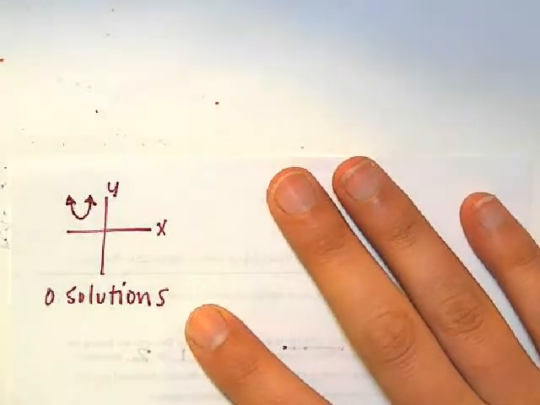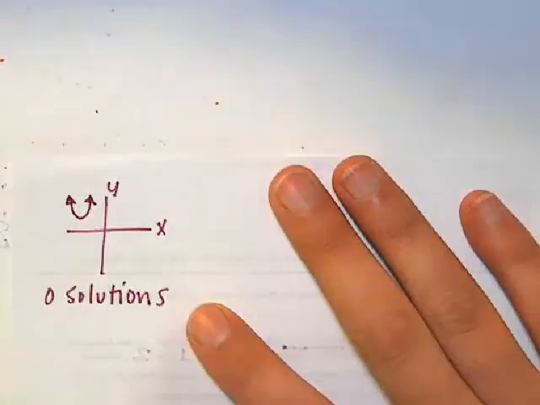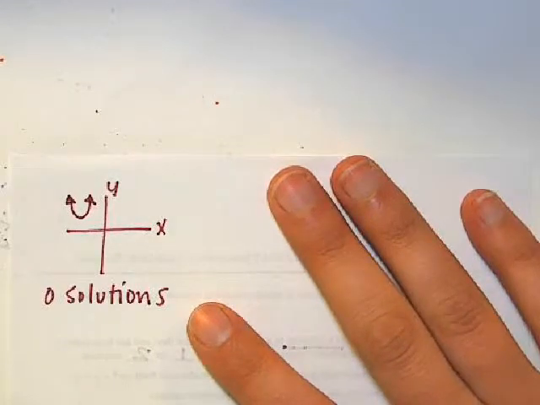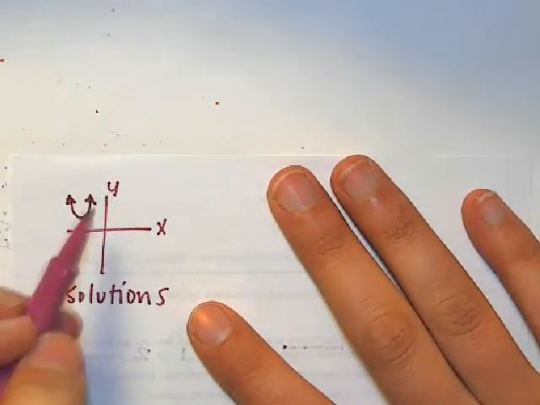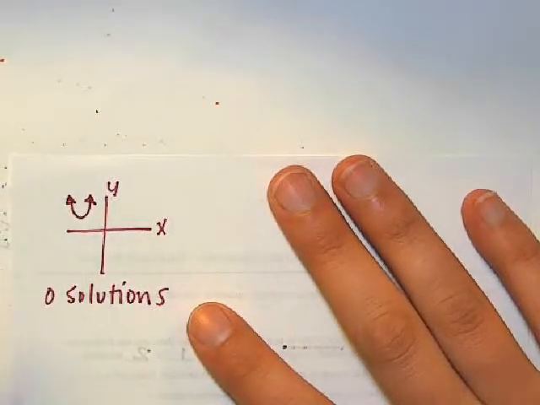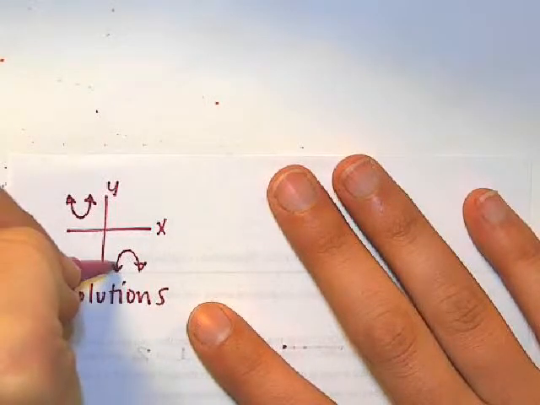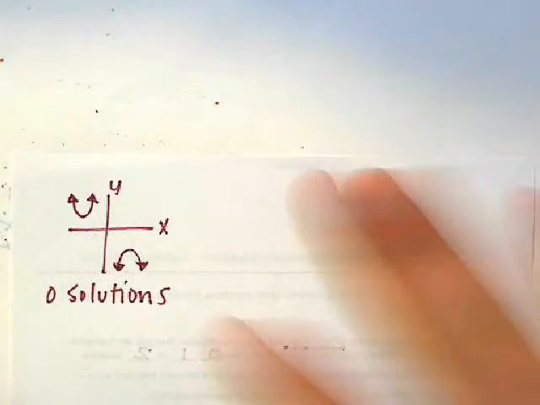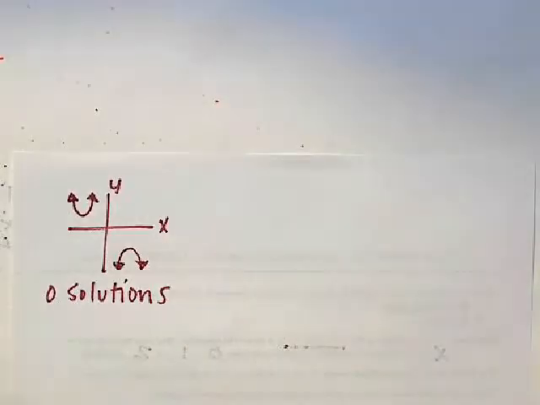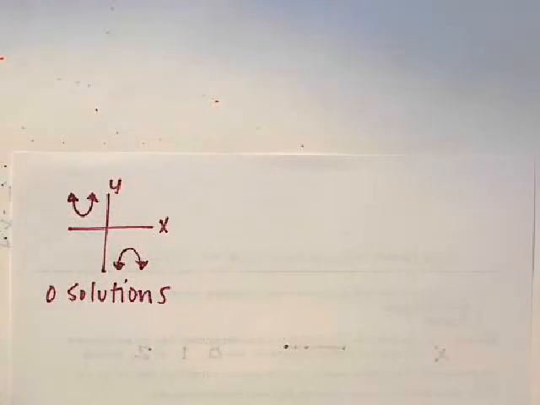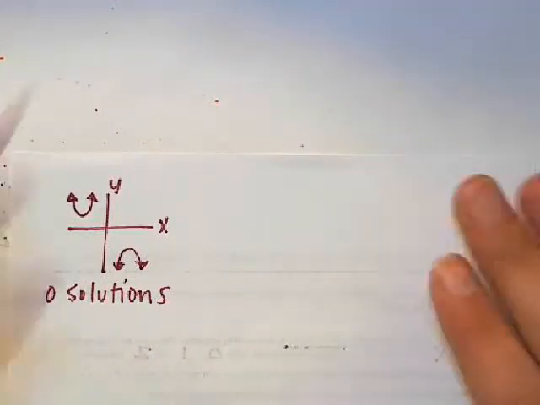Does it cross the x-axis? No, we've seen something like this. Does it have to be in this quadrant and going up? No, it could also be like this. It could be anywhere as long as it's not touching the x-axis. That would be 0 solutions. It never touches the x-axis, so it does not have any x-intercepts.